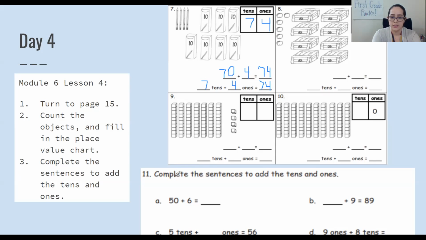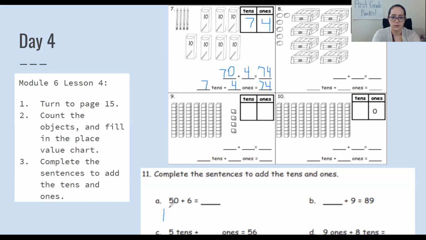For number 11, it says to complete the sentences to add the tens and ones. Okay, so letter A says 50 plus 6. And you can draw these out if you like.